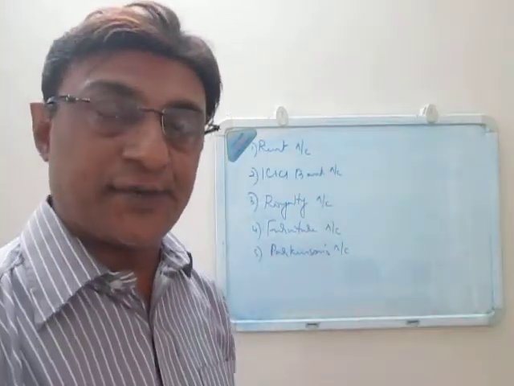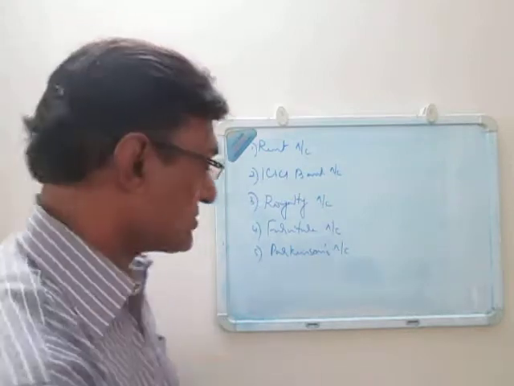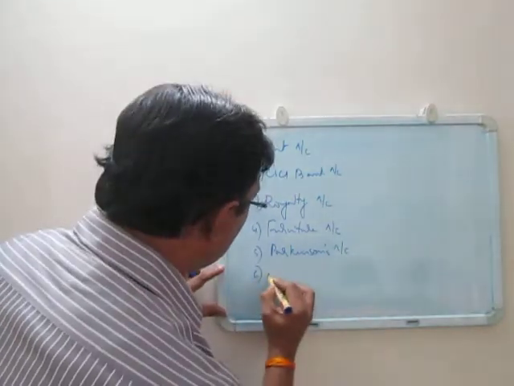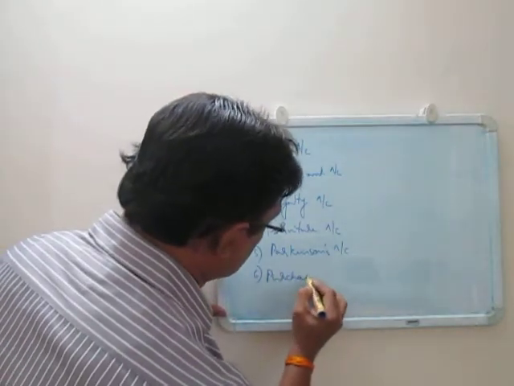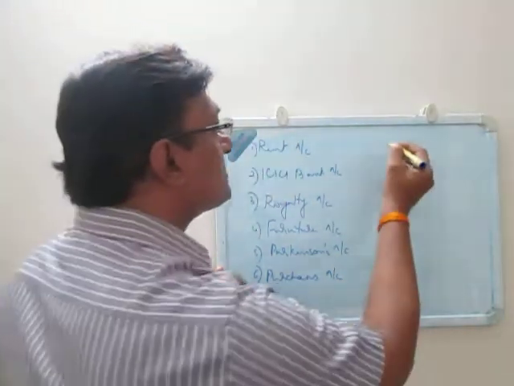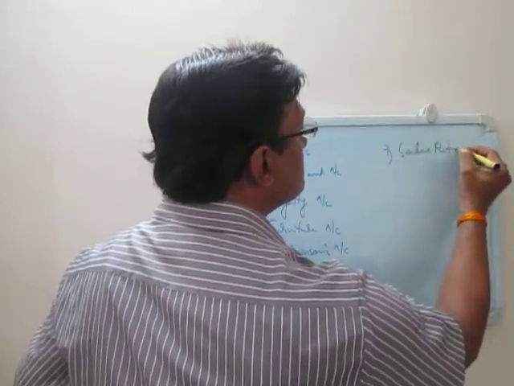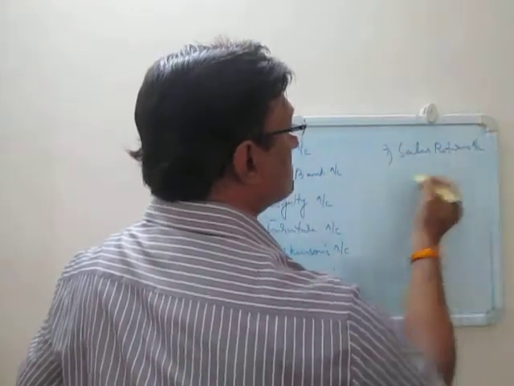Let us say it's a debtor, Mr. Parkinson's account. Next, purchases account. Next, 7, sales returns account.